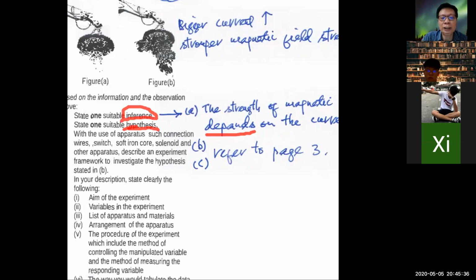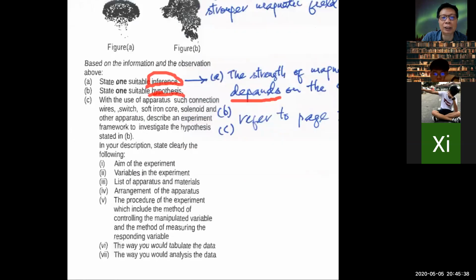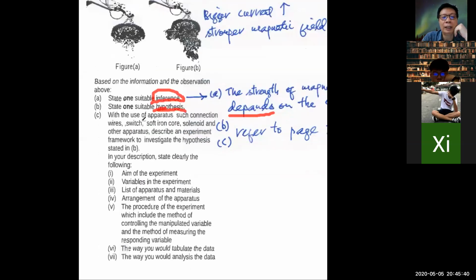Question C. You have to be careful now. They ask you to use connection wires, a switch, and a soft iron core, just a piece of soft iron. Solenoid means a coil of wire, one coil of wire. And other apparatus to describe the experiment framework.